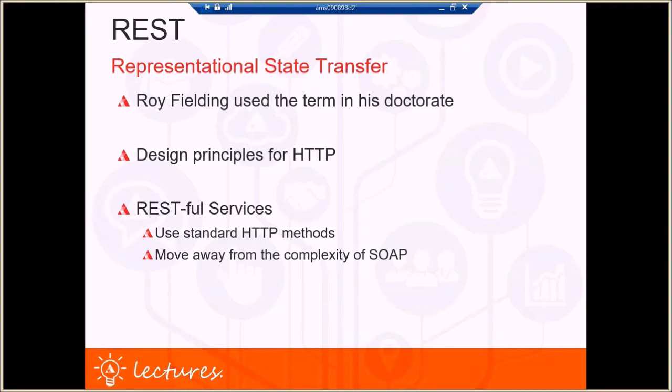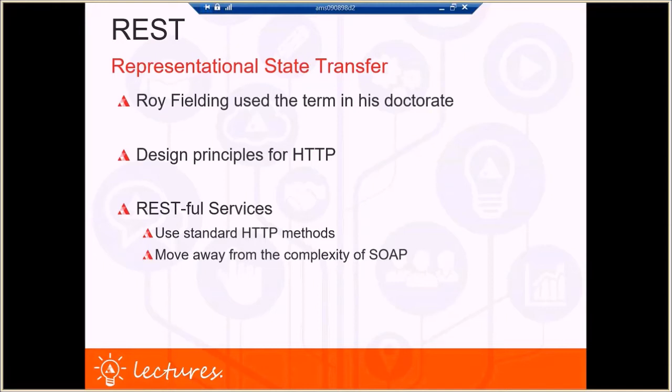Before they thought of HTTP, they called it representational state transfer. So when we talk about REST, we're talking actually about using standard HTTP methods to gain access to information over the internet.